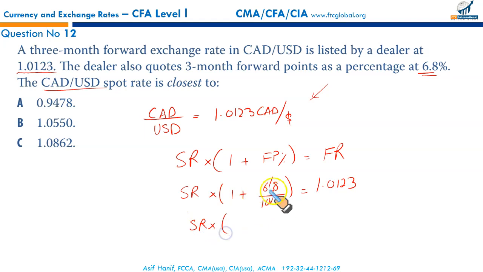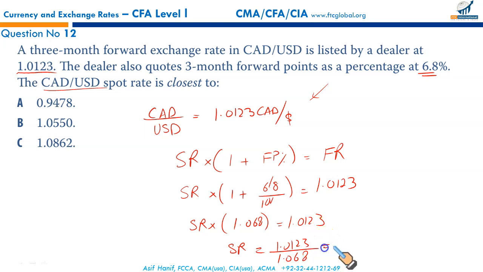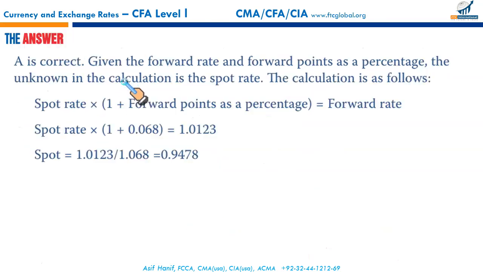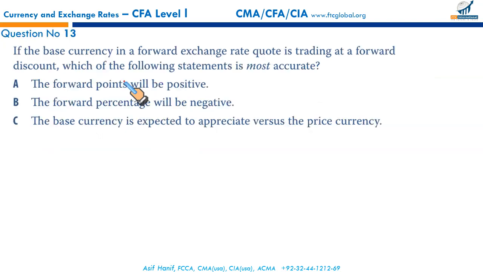Once this is solved, it gives you spot times 1.068 is equal to 1.0123, which means spot rate is equal to 1.0123 upon 1.068. If you simplify this, you should get 0.9478. That perfectly matches with your option A, and A is your right answer.